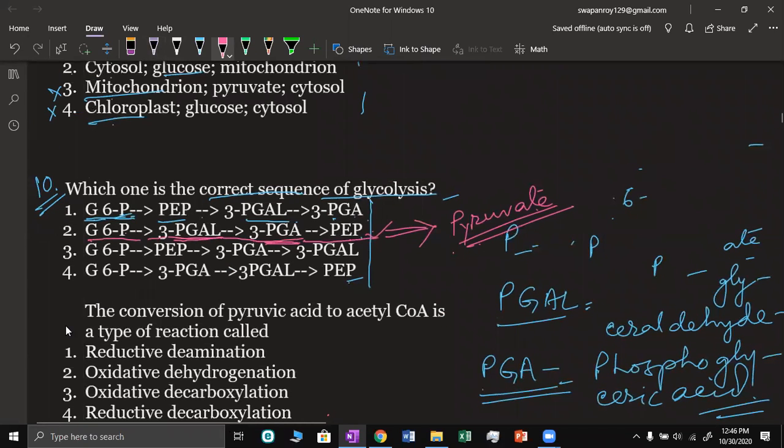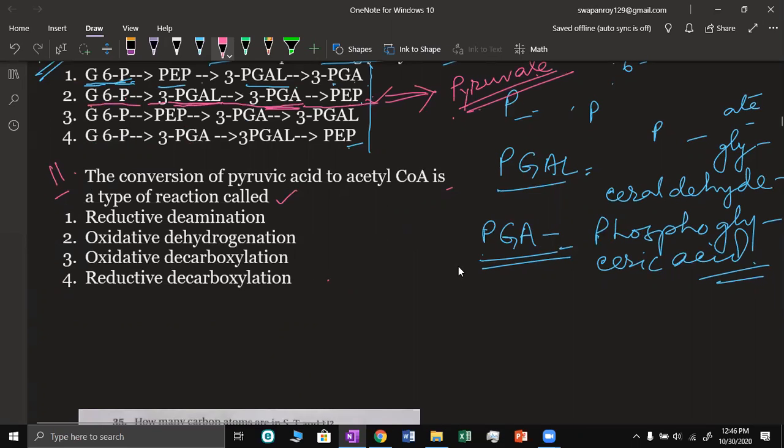Next question is question number 11. The conversion of pyruvic acid to acetyl coenzyme A is a type of reaction called what? You remember that after pyruvic acid is formed, if oxygen is available, it will go to the Krebs cycle.